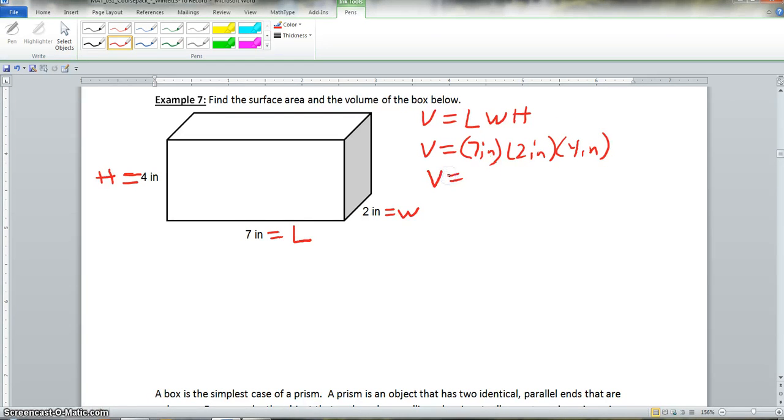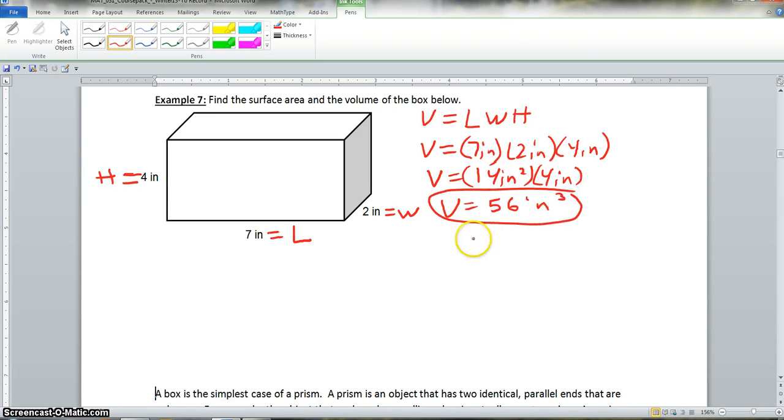So we have volume is equal to 14 square inches times 4 inches. And your volume would be 56 cubic inches. That is your volume. Now we want to do the surface area. Surface area, again recall, is 2 times the length times the width plus 2 times the length times the height plus 2 times the width times the height.